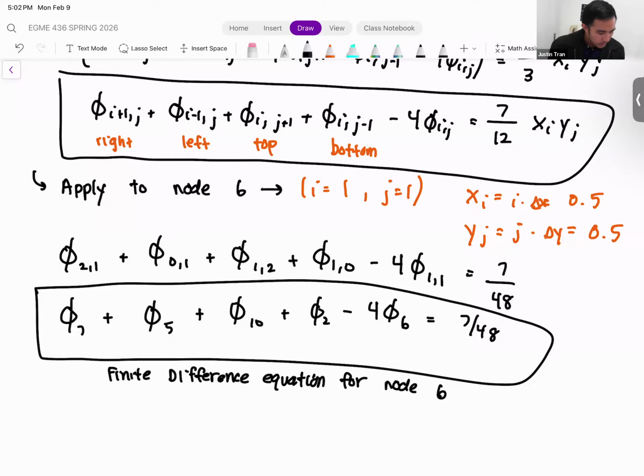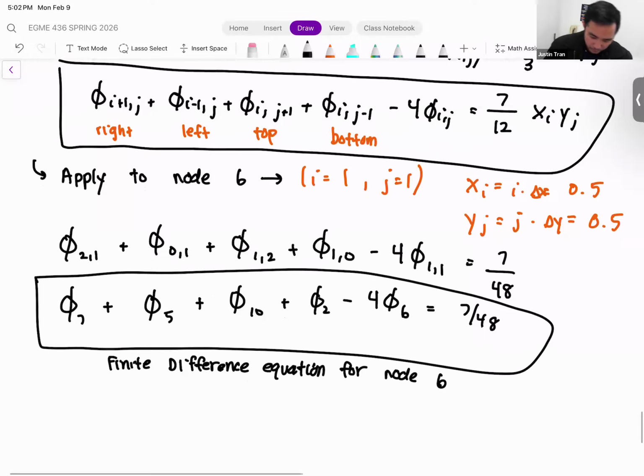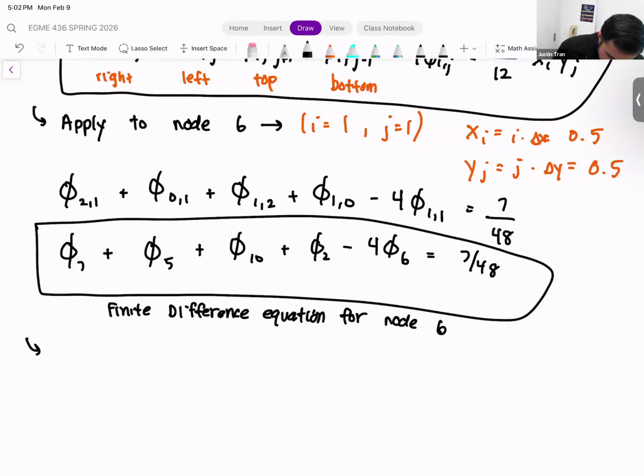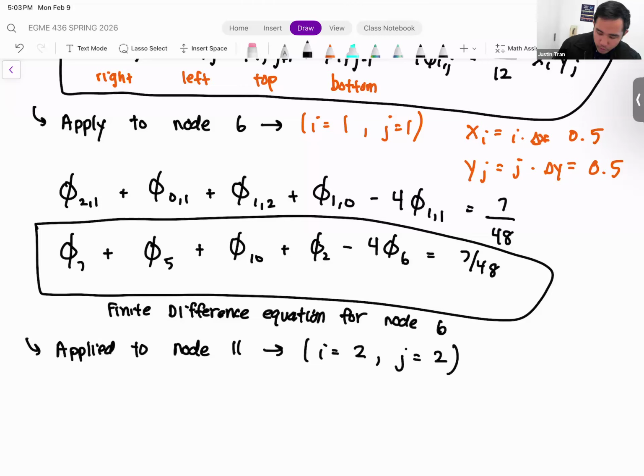Okay, so let's do the same thing for node 11. Let's list out the ij coordinates. The i coordinate for node 11 is going to be 2. The j index for node 11 is 2 as well.